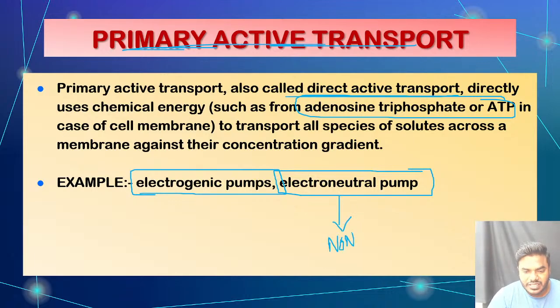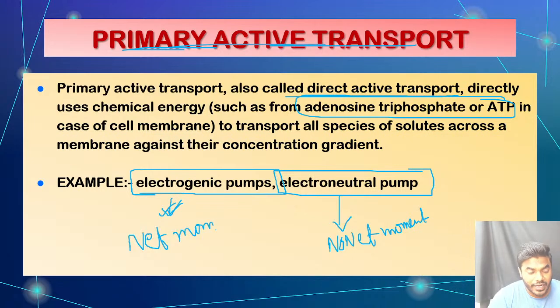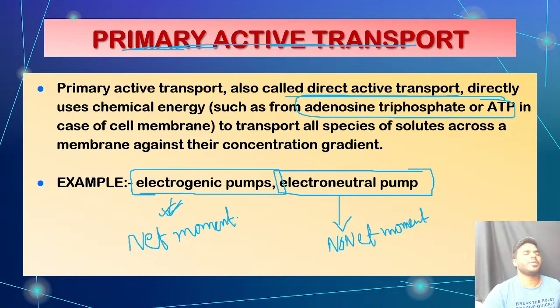Electroneutral pump means there will be no net movement, whereas in the electrogenic pump there will compulsorily be a net movement. What's the difference? Let me tell you in a simple way.